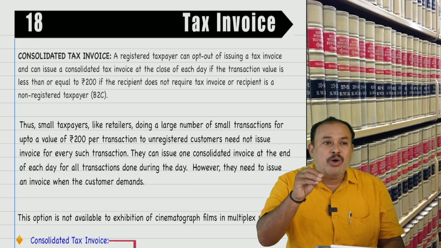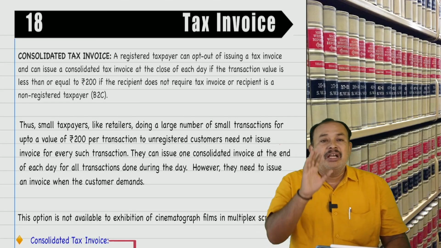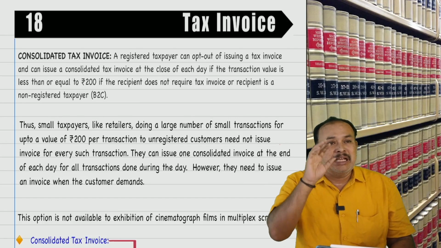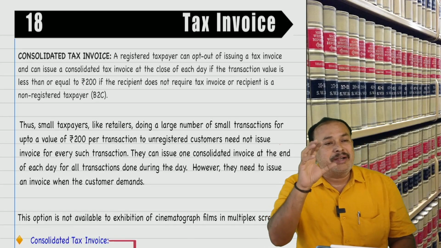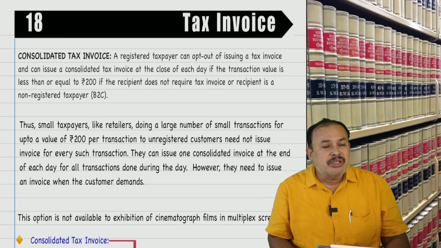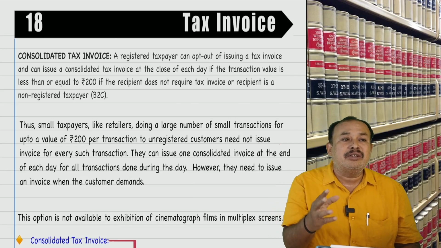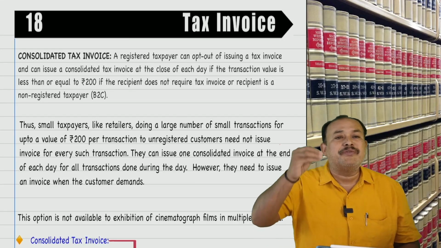It should also disclose the nature of the goods, namely description of the goods, quantity of the goods, rate per unit if any, and value of the goods. The goods should have the HSN code, Harmonized System of Nomenclature.